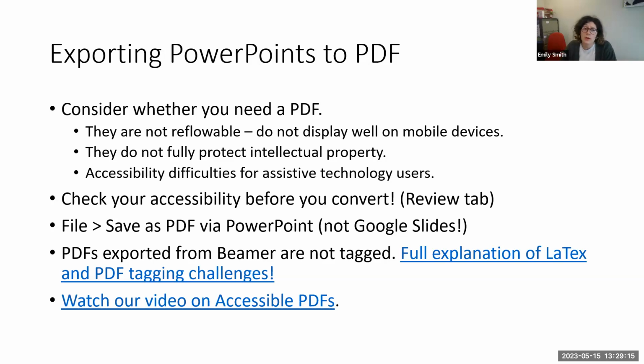Other thing to say is PDFs don't fully protect intellectual property. Okay. If someone wants to edit a PDF, they can convert it to a different file format. They can also use Adobe to edit a PDF. So it doesn't protect intellectual property. What it can do is create accessibility difficulties for folk who use assistive technologies, and also folk who don't use assistive technologies.